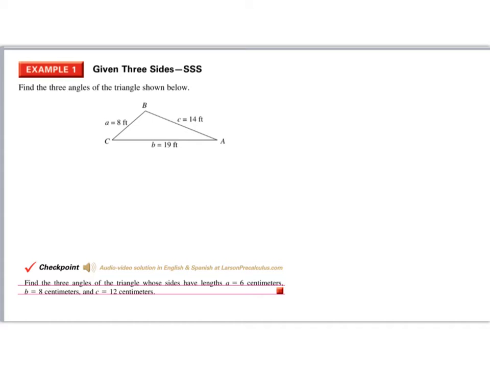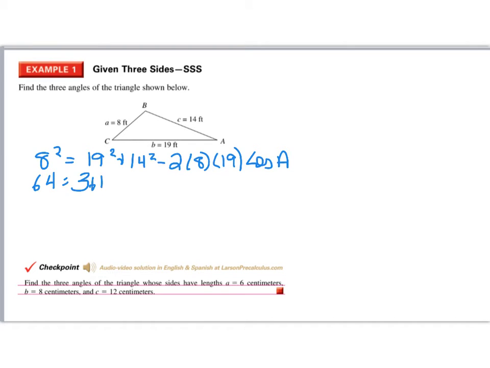Okay, so we're going to start example 1, and we're going to go ahead and solve for the angle A. So we're going to go 8 squared is equal to 19 squared plus 14 squared minus 2 times 19 times 14 cosine of A. And we've got 64 is equal to 361 plus 196 minus 532 cosine of A. When we move everything over, we end up with the cosine inverse of 493 all over 532.